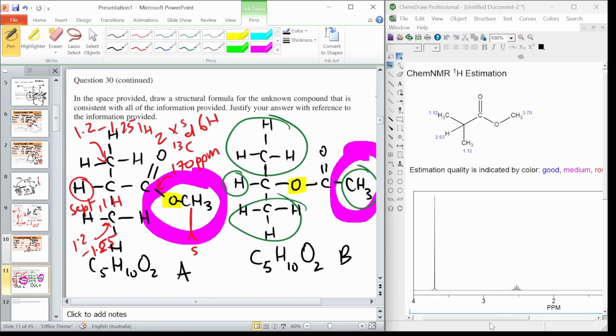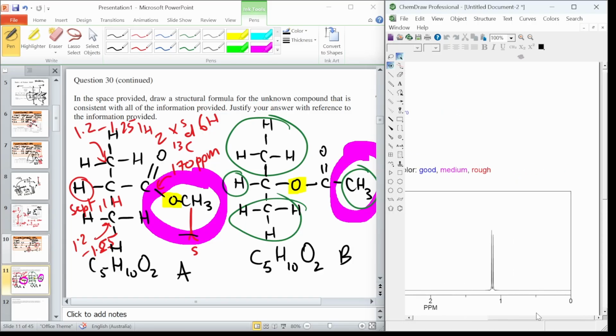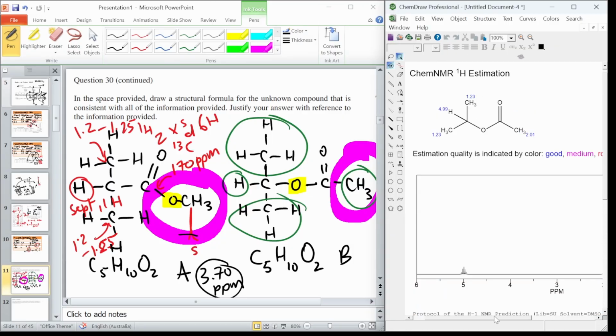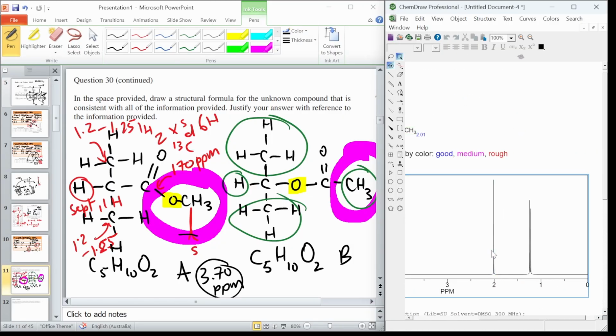This is the proton NMR prediction of structure A. The CH3 signal lies here. As I highlight with the cursor, this signal lights up. So this is around 3.7. Let's look at the other one. The CH3 here is at 2.